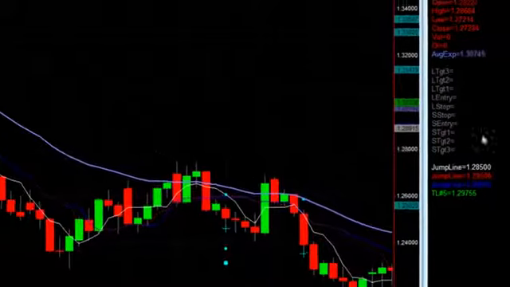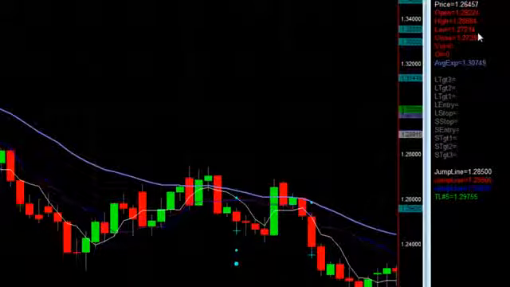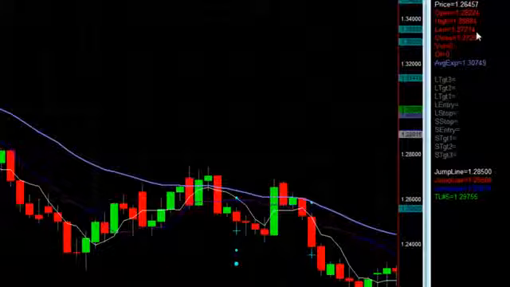As far as the extra digit goes, that's a fractional pip, the 5th digit. The way I typically use that is that I will round it a little bit further away. So if the entry is a fractional pip, I'll round it down a little further. If the stop is at a fractional pip, I'll round it a little further away just to give it a tiny bit more room.